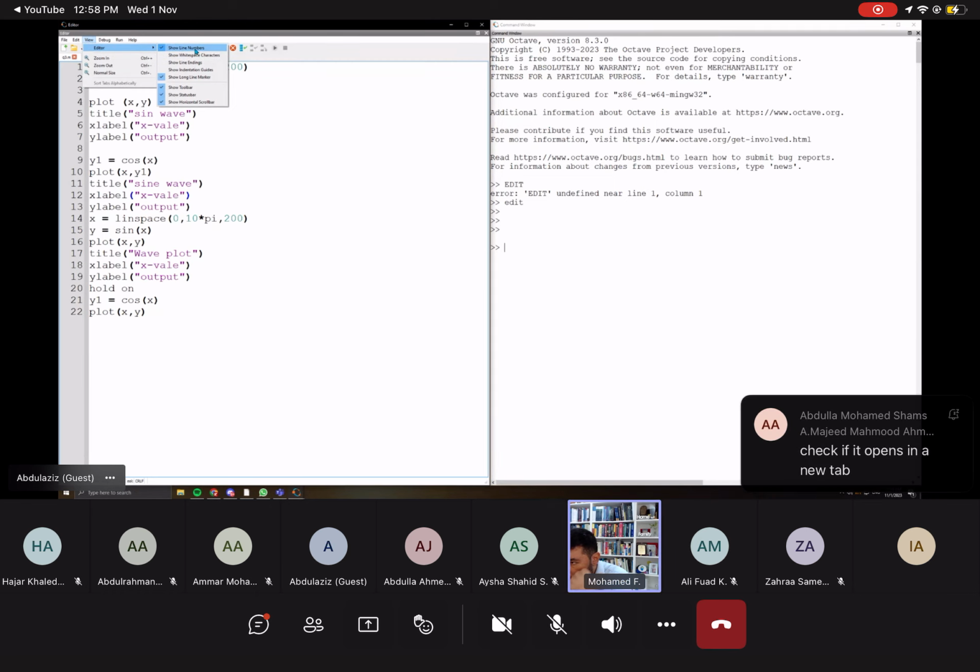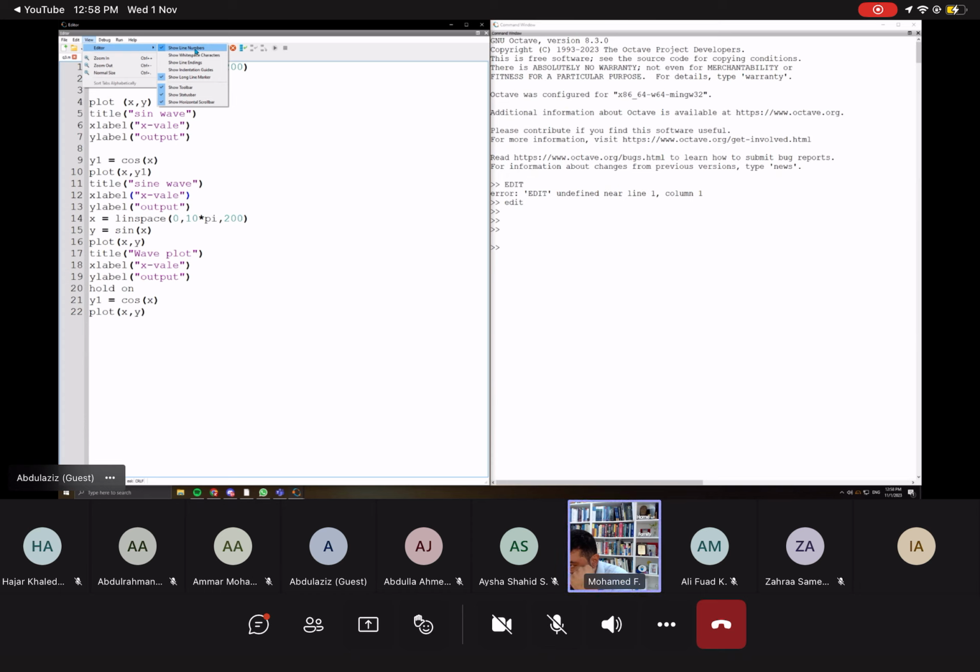Yeah, show the... I don't have it. Show line space, white space. It's very strange. I can't see where's the... I want to see where's the workspace. Where's the current folder, the file?